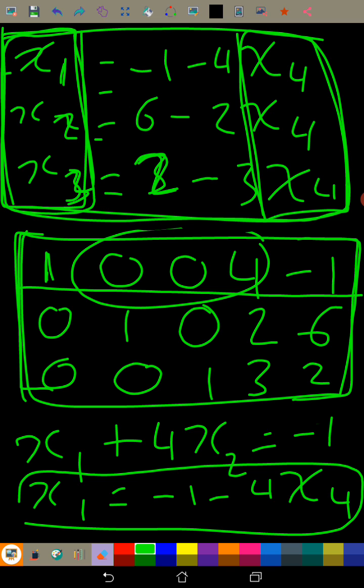It is just in row echelon. Reduced row echelon is extreme. We cannot have any number here. It should be 0. Here also it should be 0. So I will give you an example not of a reduced row echelon.